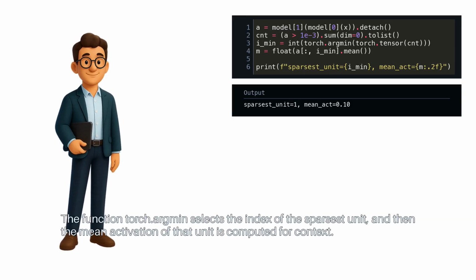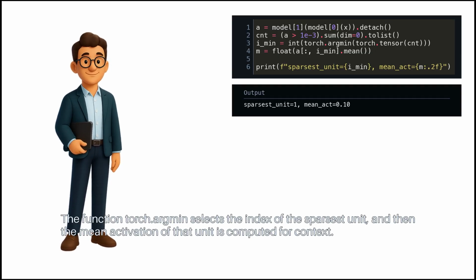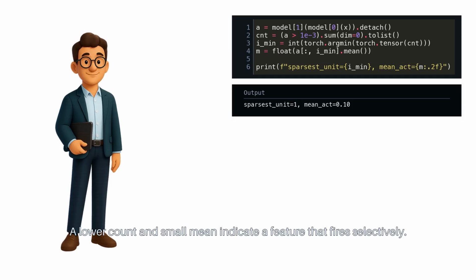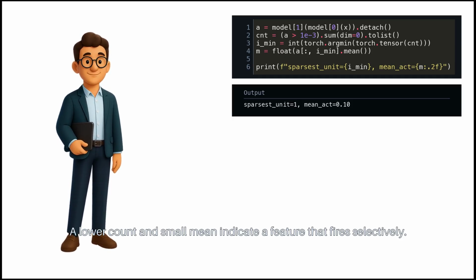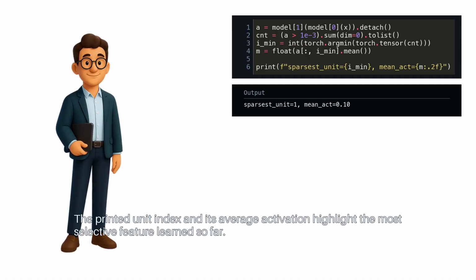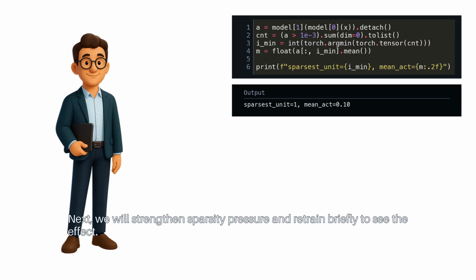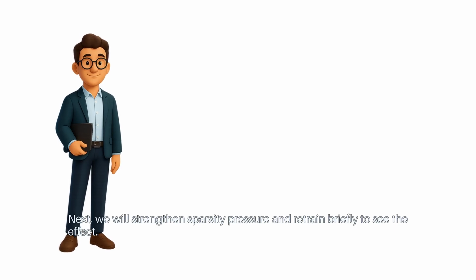The function torch.argmin selects the index of the sparsest unit, and then the mean activation of that unit is computed for context. A lower count and small mean indicate a feature that fires selectively. The printed unit index and its average activation highlight the most selective feature learned so far. Next, we will strengthen sparsity pressure and retrain briefly to see the effect.